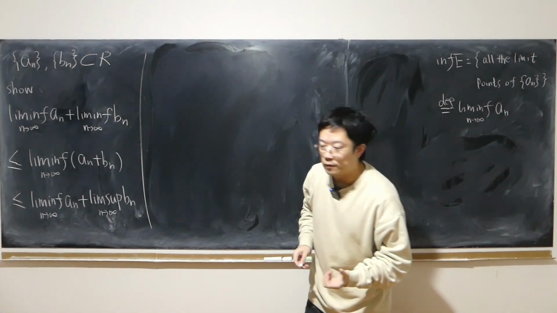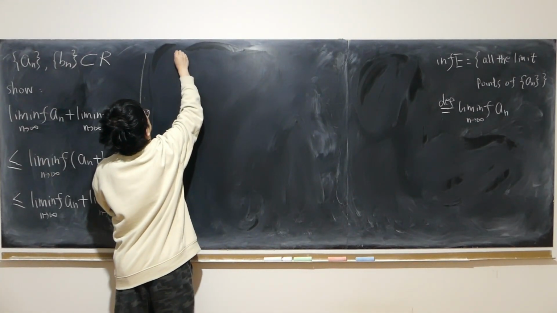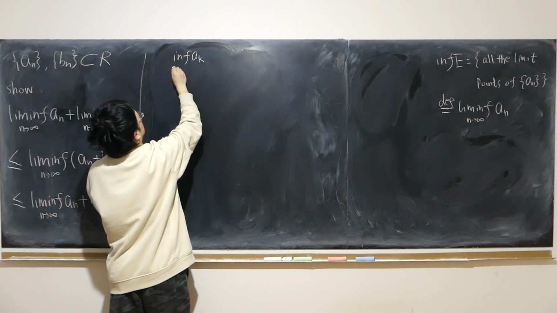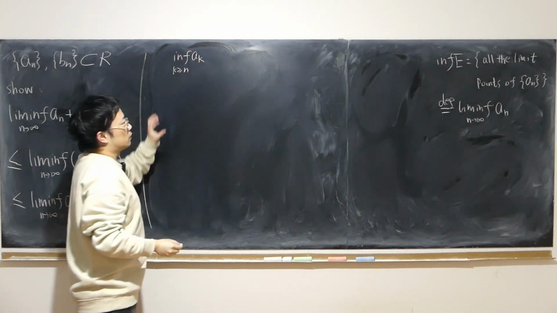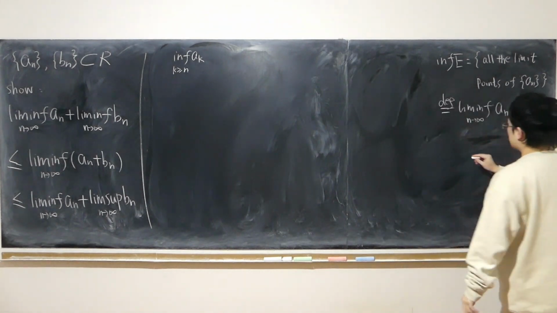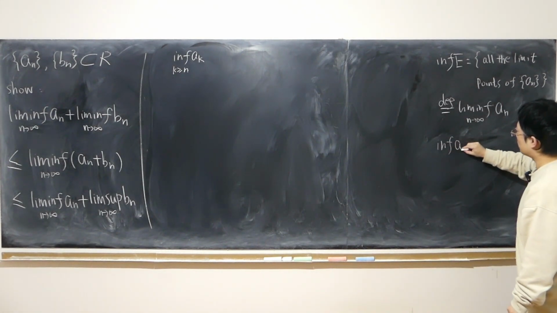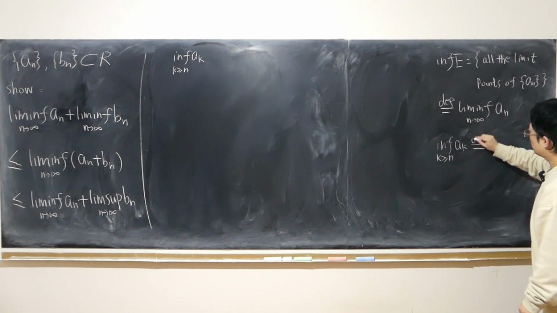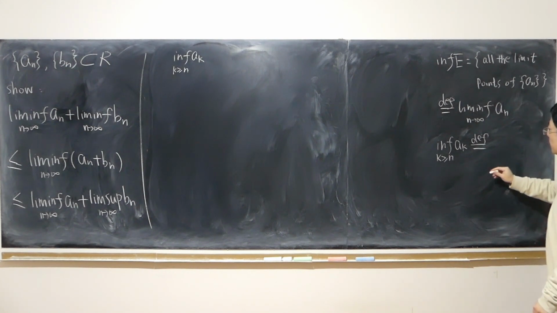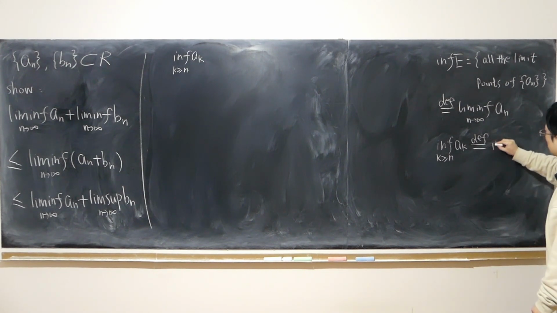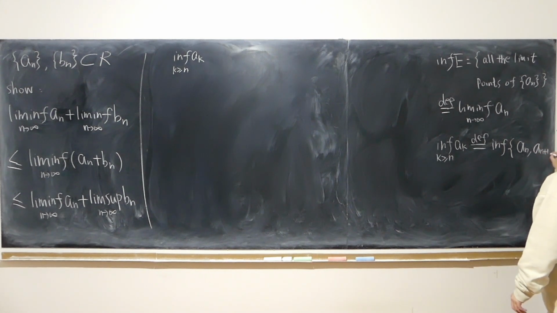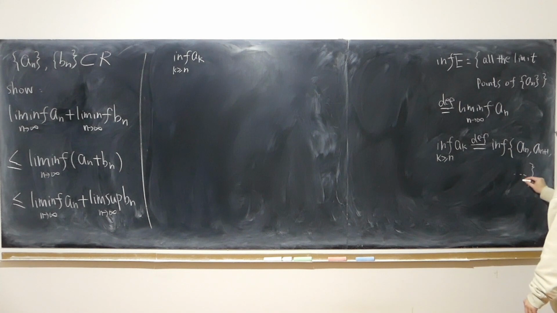An equivalent definition is that first we take the infimum of a_k, where k is bigger than or equal to n. So first, let me explain what that means. The infimum of a_k, where k is bigger than or equal to n, by definition, means the infimum of the set of a_n, a_{n+1}, so on and so forth.